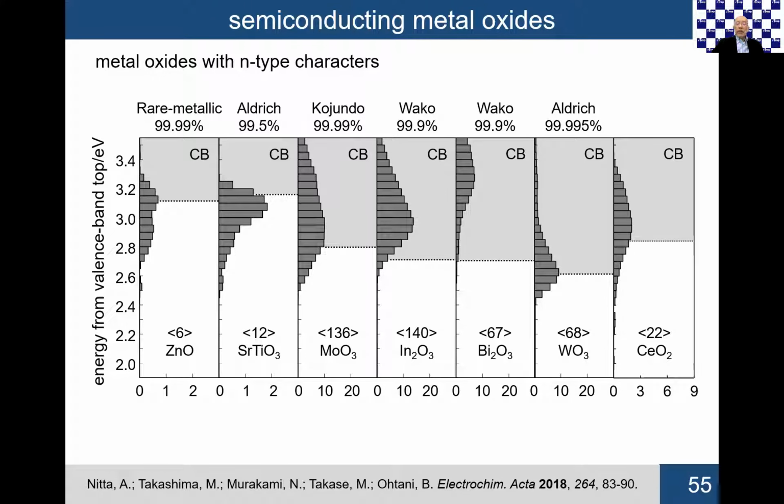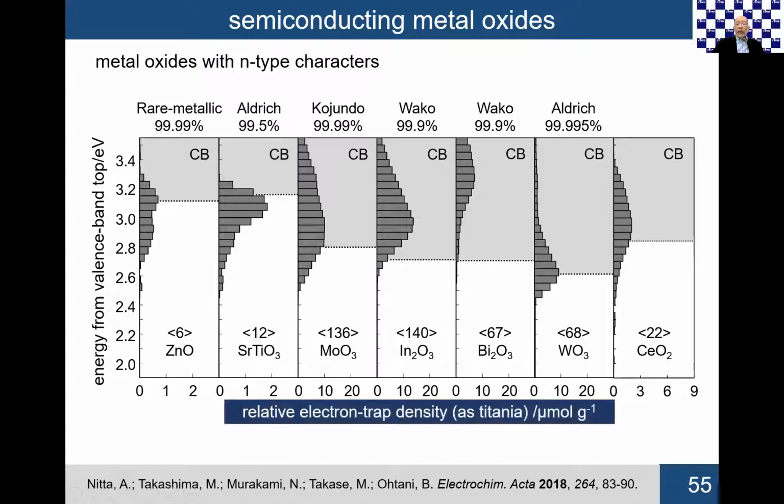However, as you see in titania, even if the bulk structure is the same, if the particle size or surface structure is different, the pattern shape is completely different. At present, we have no absolute electron trap density for metal oxides other than titanium, because we have literature data of total electron trap density for titanium, but for the others, it is necessary to determine.